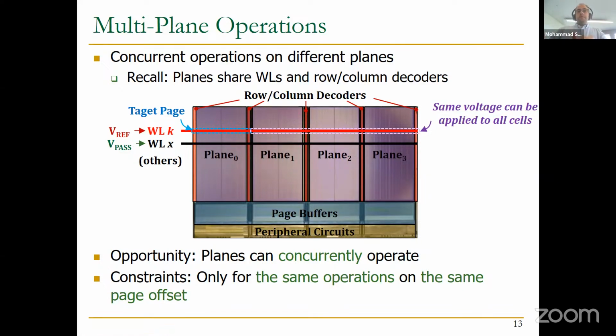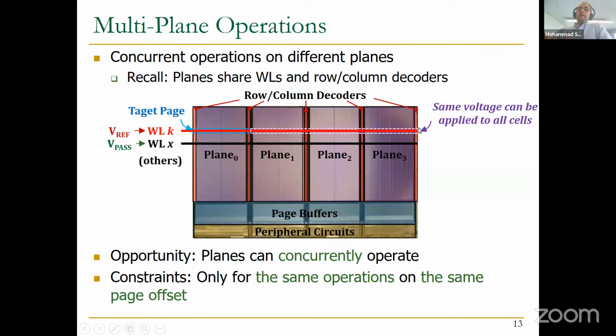The position of the word line we are referring to should be exactly the same for all these planes, and the operation should be the same. It shouldn't be read for some of them and write for others. Everyone should do the same operation at the same offset. If you can make it, you can heavily improve the effective latency and also the throughput by benefiting from multi-plane operations.